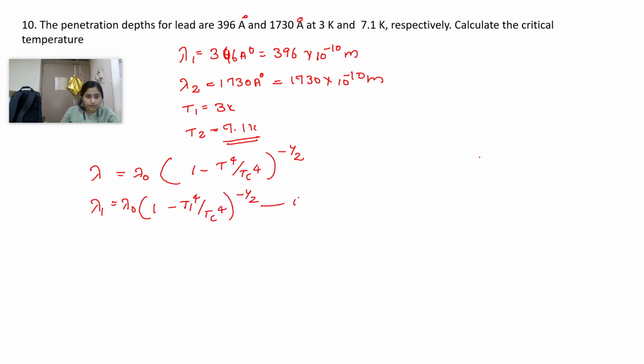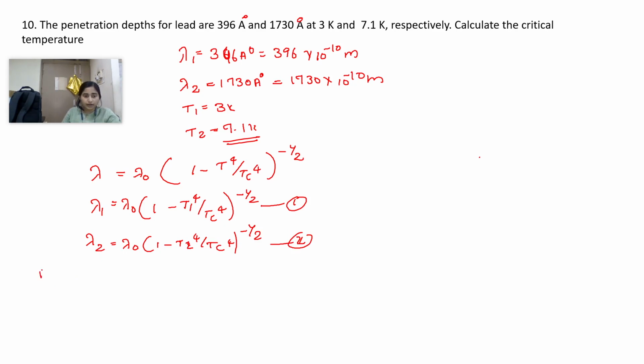This we can call equation 1. Similarly, lambda 2 is lambda 0 times 1 minus T2 to the power 4 over Tc to the power 4, whole to the power minus half. It will be the second equation.